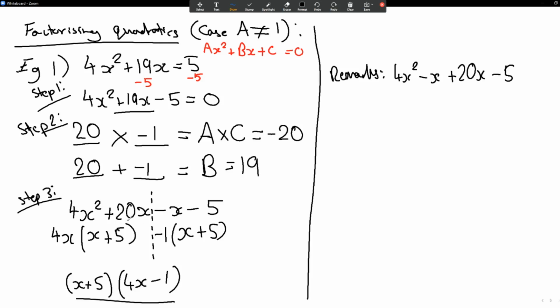Nothing's changed. So instead of plus 20x minus x, we get minus x plus 20x. And also these should have equals 0 at the end.